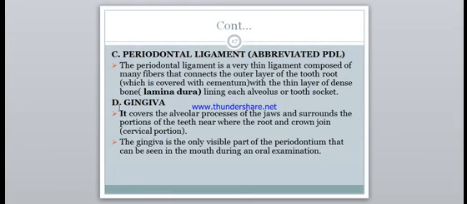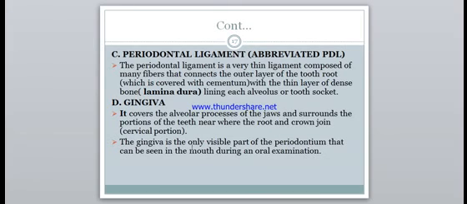The fourth surrounding or supportive structure of teeth is the gingiva. It covers the alveolar process of the jaws and surrounds the portion of the teeth near where the root and crown join.